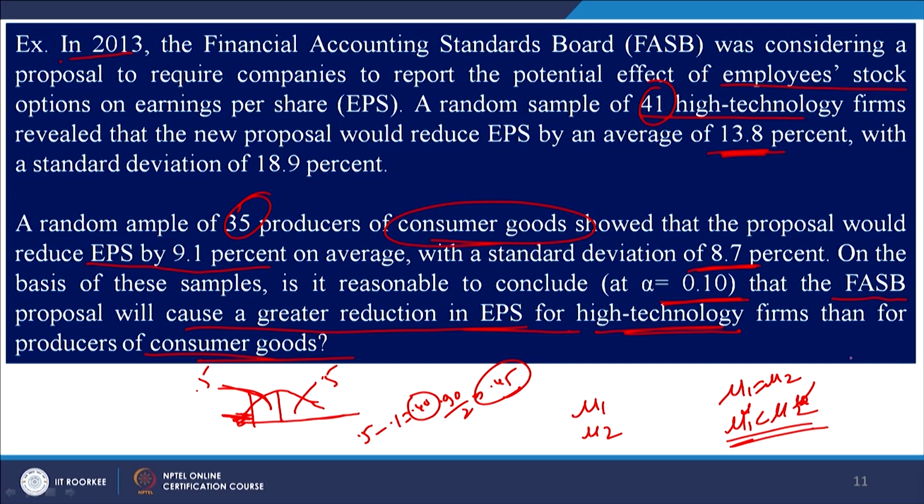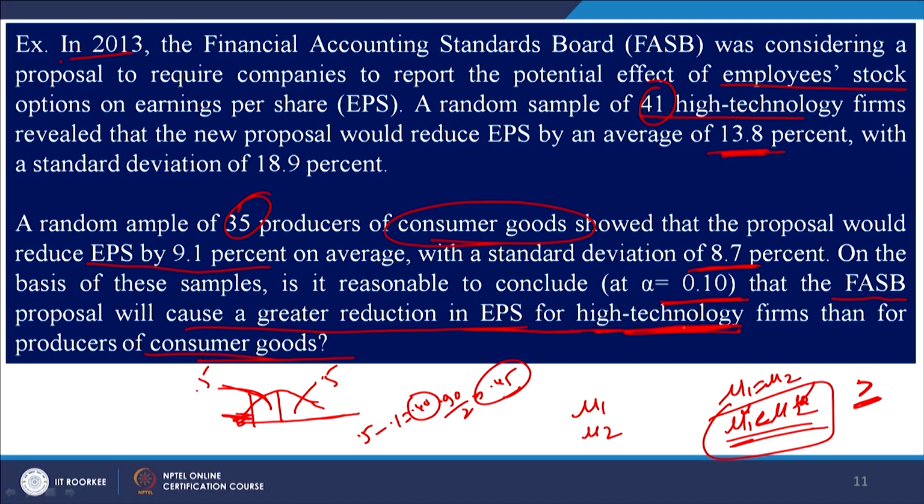So, we have to just reverse it. Rather than having a less than type, you can get the alternative hypothesis like this, a greater than type, because we have to see that the proposal will cause a greater reduction in EPS for high technology.